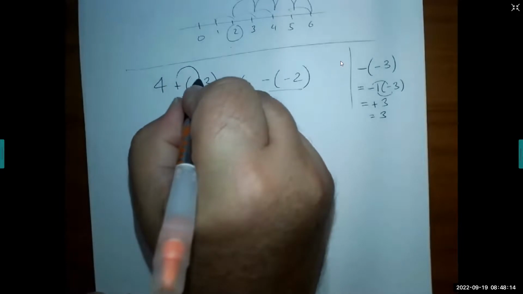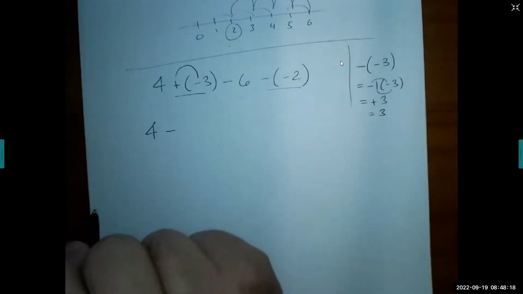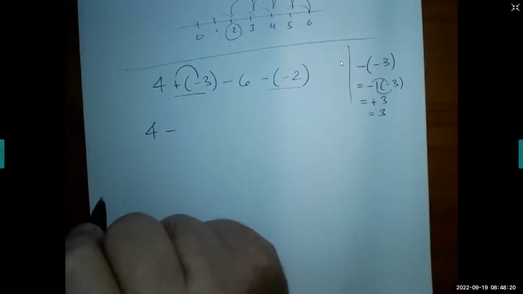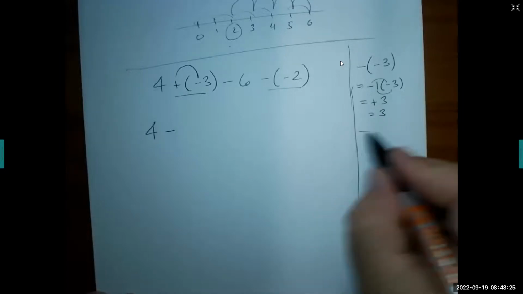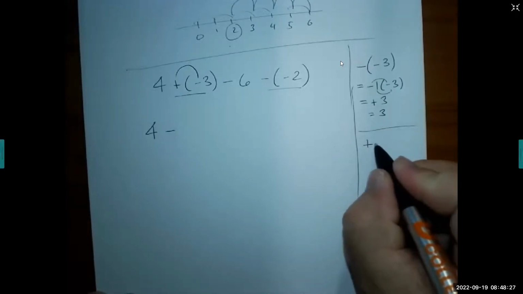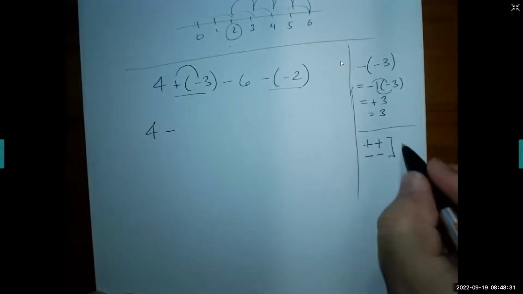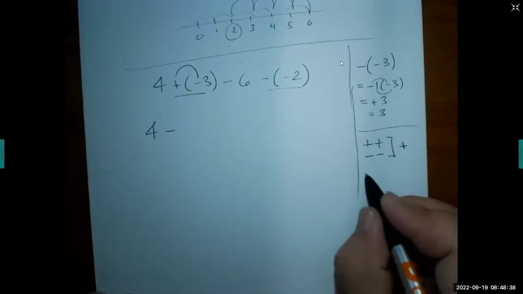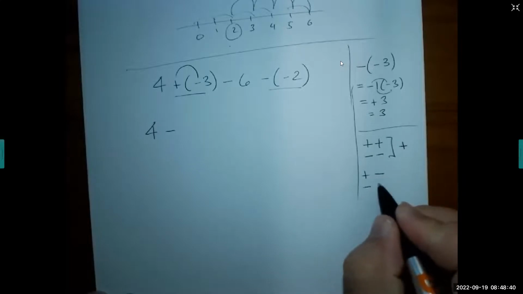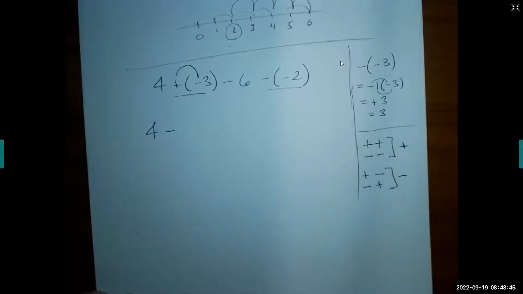So positive times negative is what? Why is it negative? Whenever you multiply two numbers of the same sign, it becomes positive. If they have opposite signs and you multiply them together, the sign becomes negative.